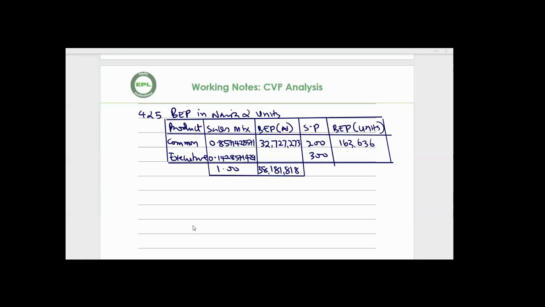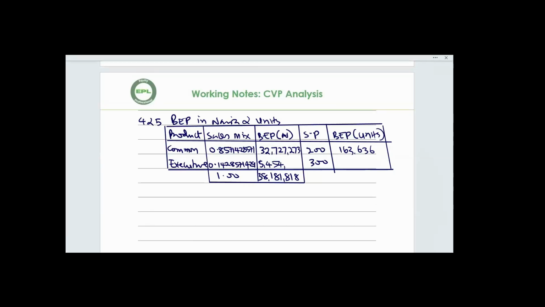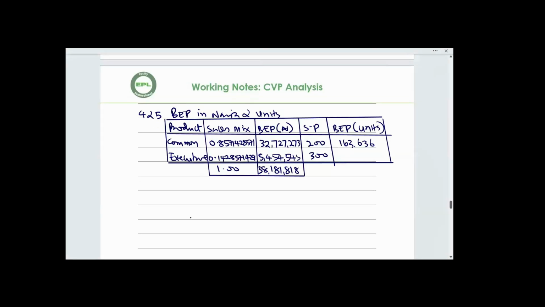38,181,818 multiplied by 0.142857 equals 5,454,545.